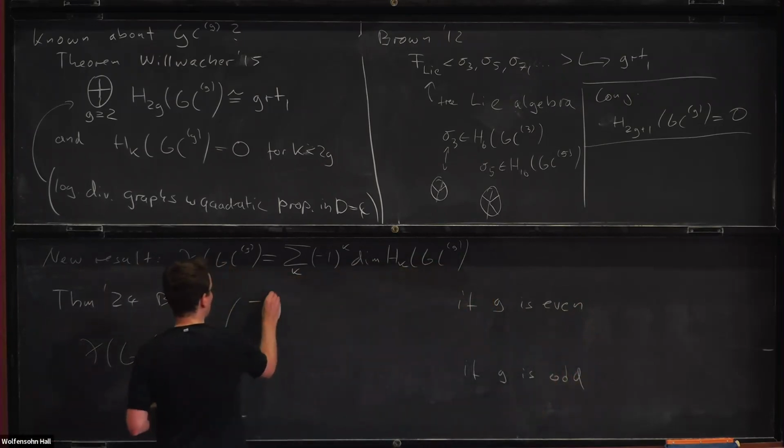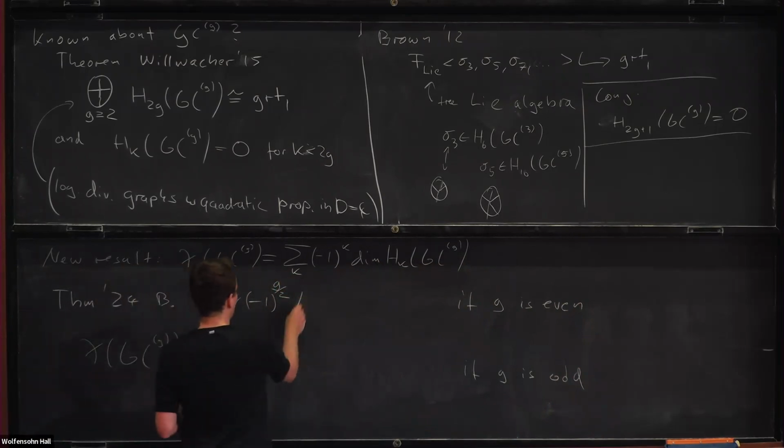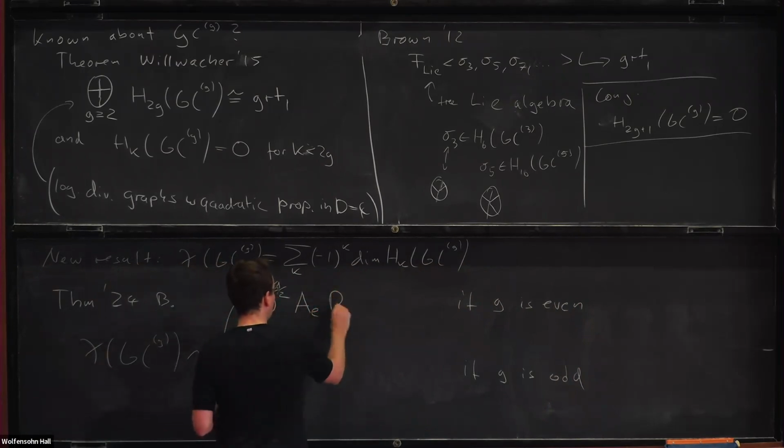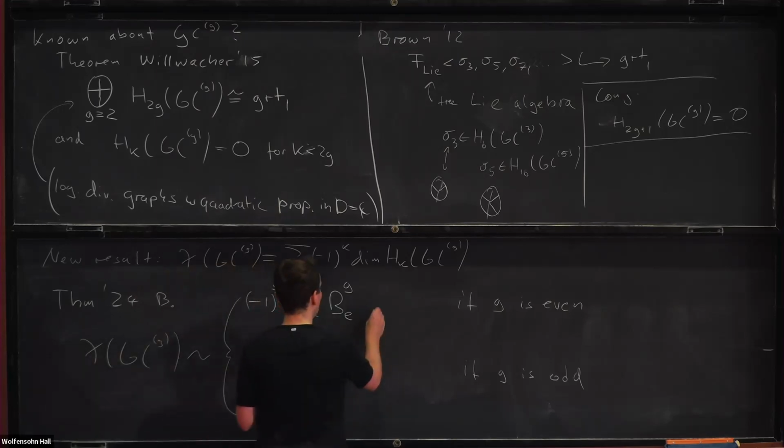In the even case, it alternates. And there's some constant that I call A_E for the asymptotic behavior, some other constant B_E, and that gives some exponential growth rate. And then there is some super exponential growth rate.